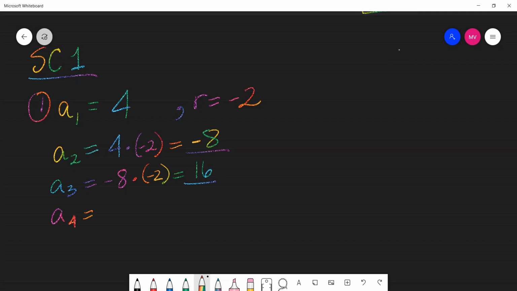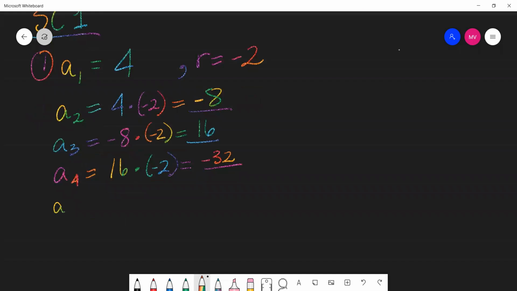How do we calculate it? Yes, 16 times -2, which gives us -32. And then are we just doing 5? Thank goodness. Yes. So A5, what do we need to multiply by each other?